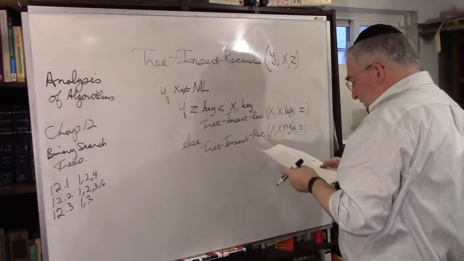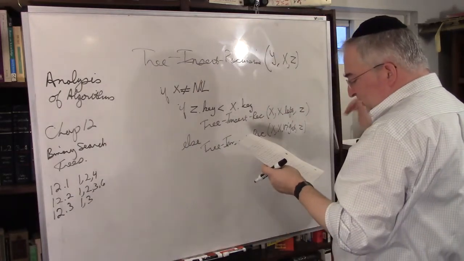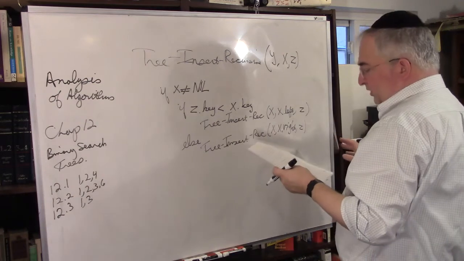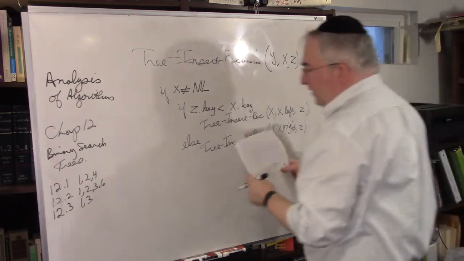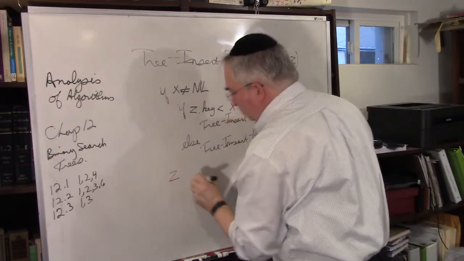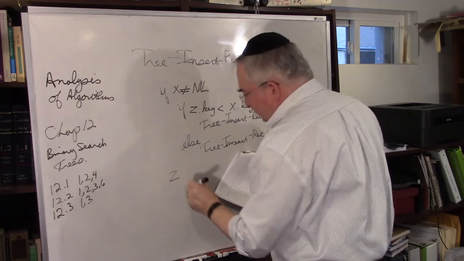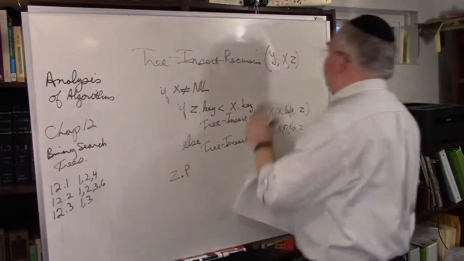Finally, the rest of this is exactly like the rest of the thing here. So let's do it. Z dot p. This is what we're putting in.